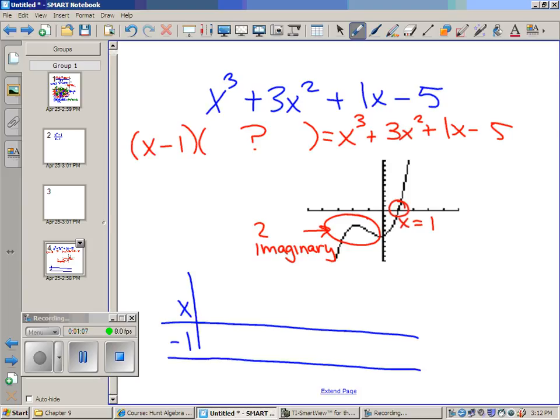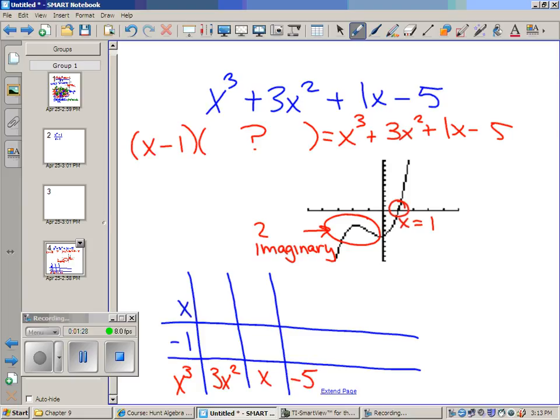Now, the answer that I'm looking for is, let's see, it's going to have to end up equaling x cubed plus 3x squared plus 1x minus 5.